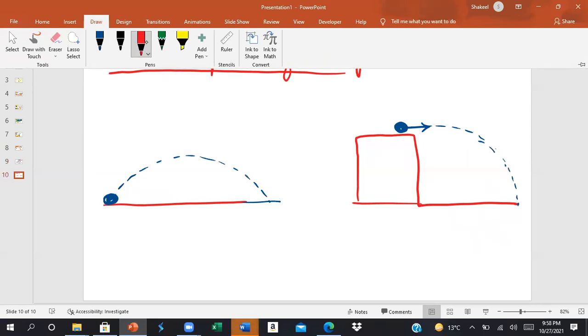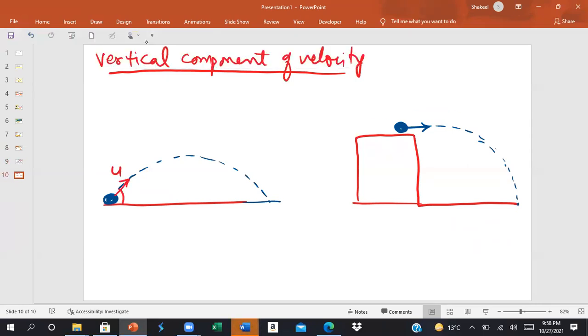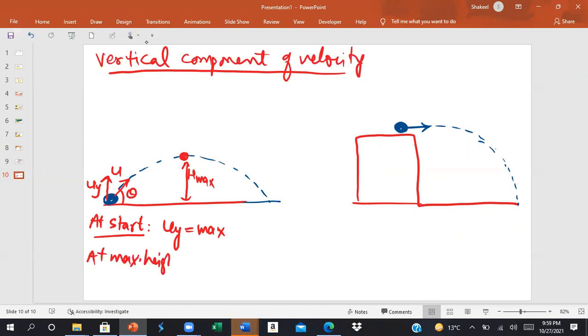For the first situation, it is projected with u at an angle of theta. So the vertical component will be maximum at the start. And when it reaches the maximum height, it is 0.